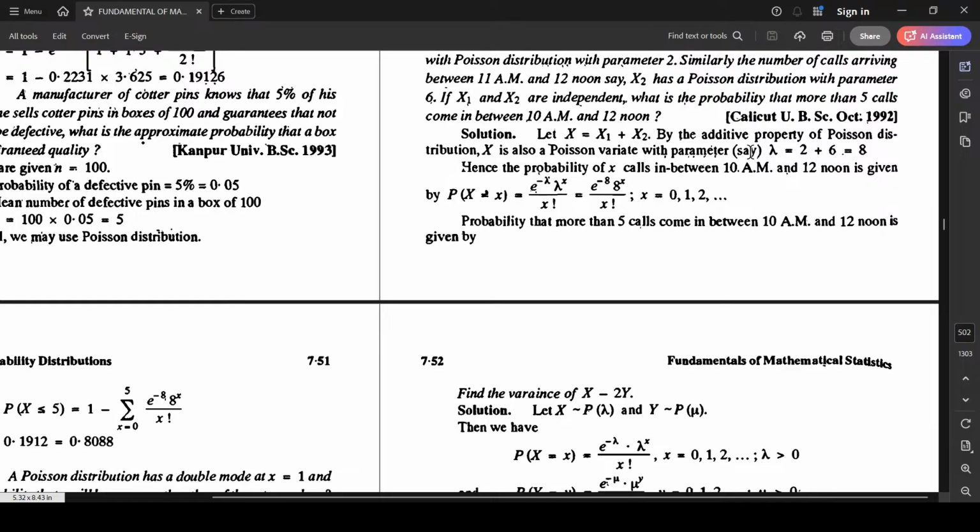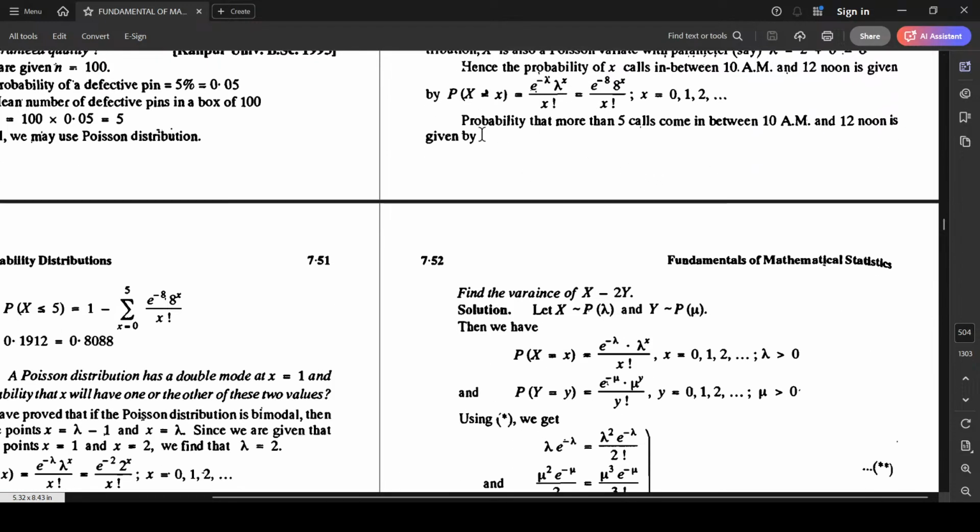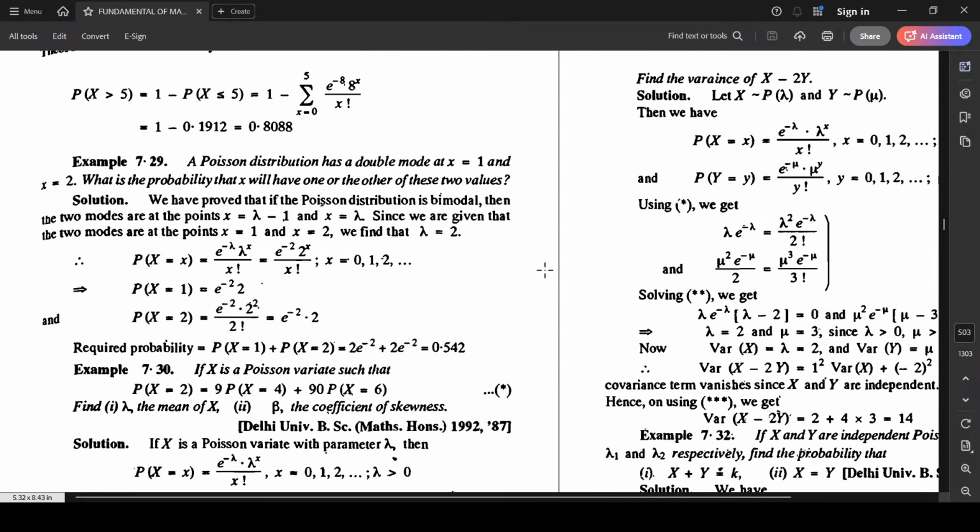The probability of x calls in between is given as P(X = x) equals e to the power of minus lambda, lambda to the power of x, over x factorial, so e to the power of minus 8, 8 to the power of x, over x factorial, where x is 0, 1, 2, and so on. The question was greater than 5 now, so 1 minus the probability of less than or equal to 5. That is 1 minus the summation from 0 to 5 of e to the power of minus 8, 8 to the power of x, over x factorial, from e to the power of minus 8, 8 to the power of 0 over 0 factorial, up to e to the power of minus 8, 8 to the power of 5 over 5 factorial.